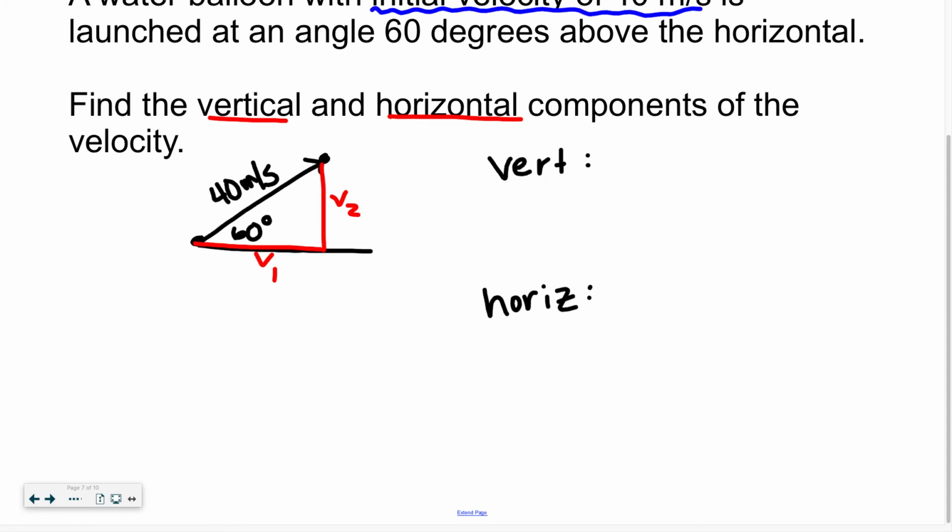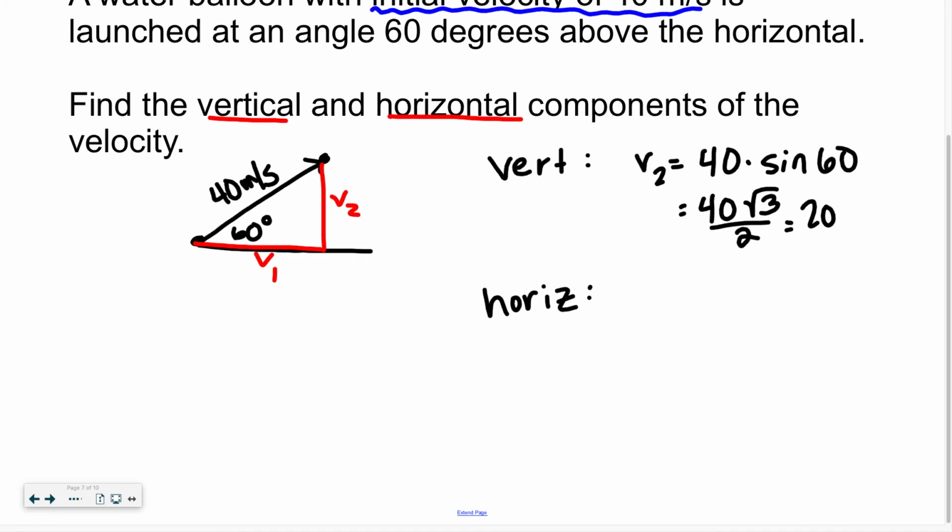Okay. If I just wanted the vertical component, I would do V sub 2 equals the magnitude of V, which is 40 meters per second, times the sine of 60. Sine of 60 degrees is square root 3 over 2, so that would be 20 square root 3 meters per second.